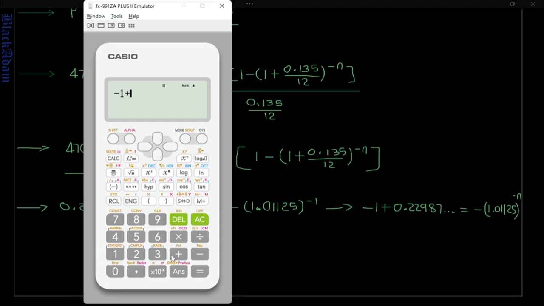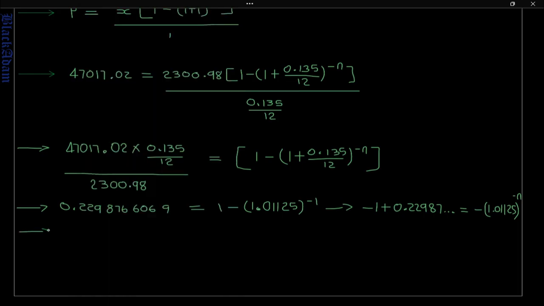Then from there we have negative 1 plus 0.229. So we put all the information that we have there, all the numbers together. 669 gives us negative 0.77. Okay, so there's a 0 there, so you can just put negative 0.77 something.